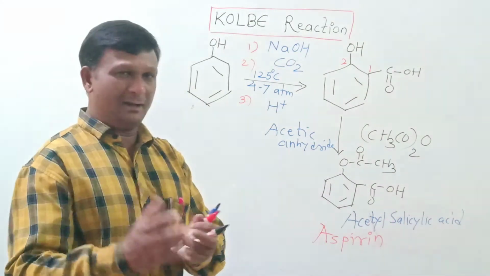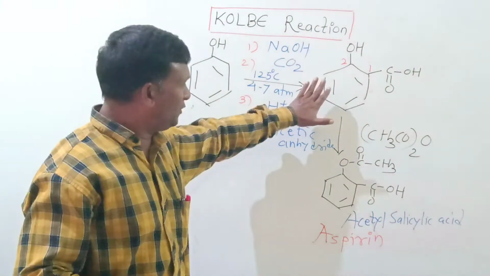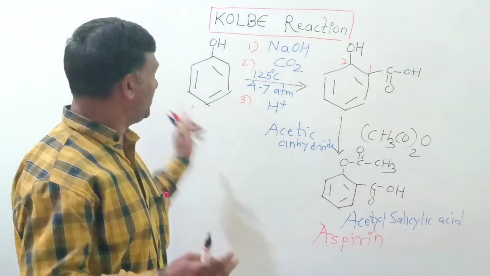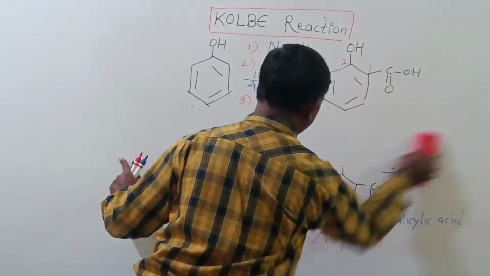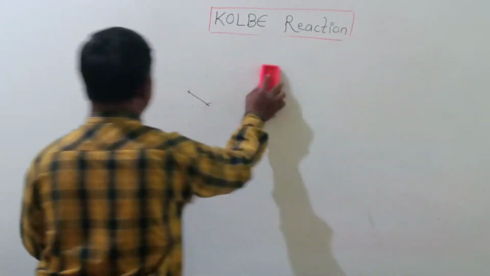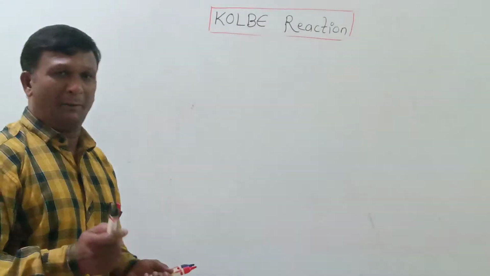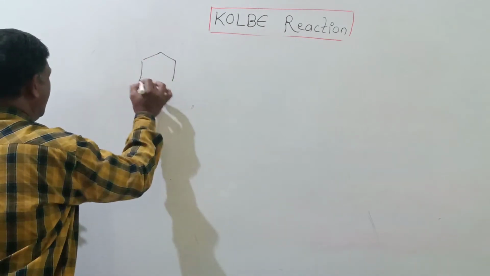Now our main point is conversion of phenol into salicylic acid. So let's look at how this conversion takes place. Our starting material is phenol.